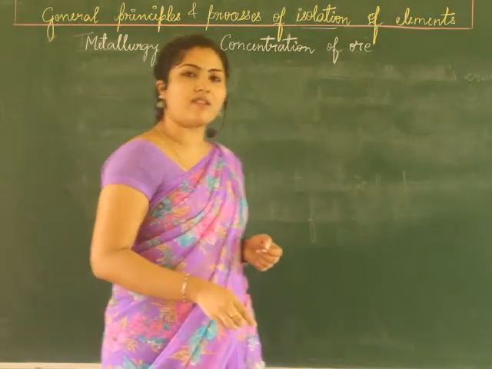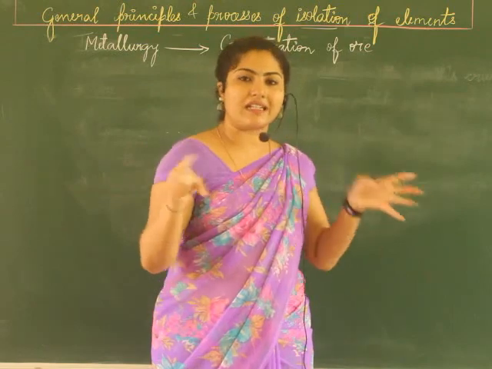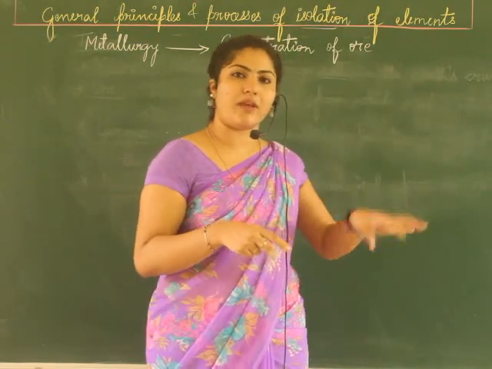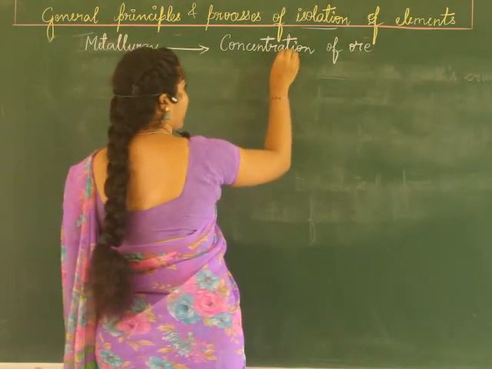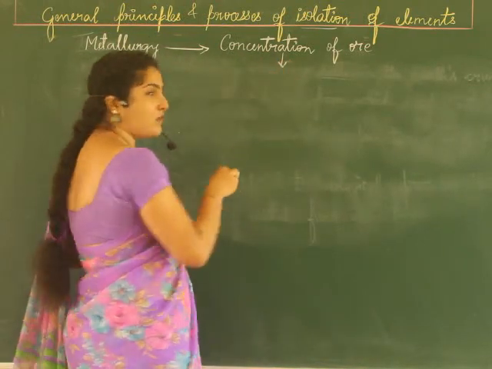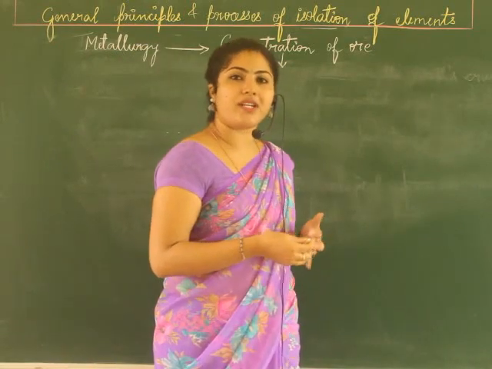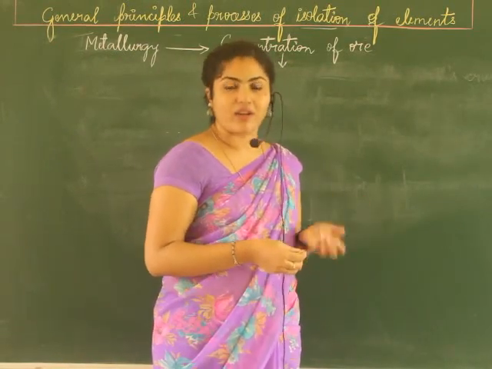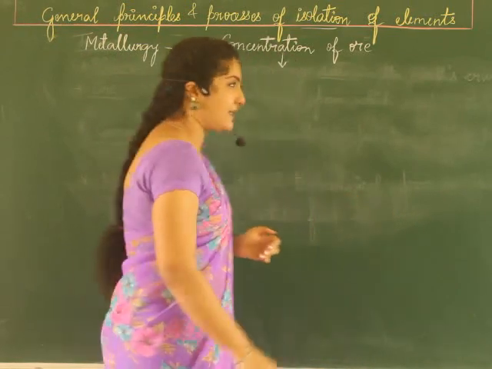Concentration of ore is where we remove the impurities that are not required. Easily removable impurities will be separated. Second, the ore after concentrating, after removing the impurities, you call it concentrated ore. From the concentrated ore we are separating the metal.